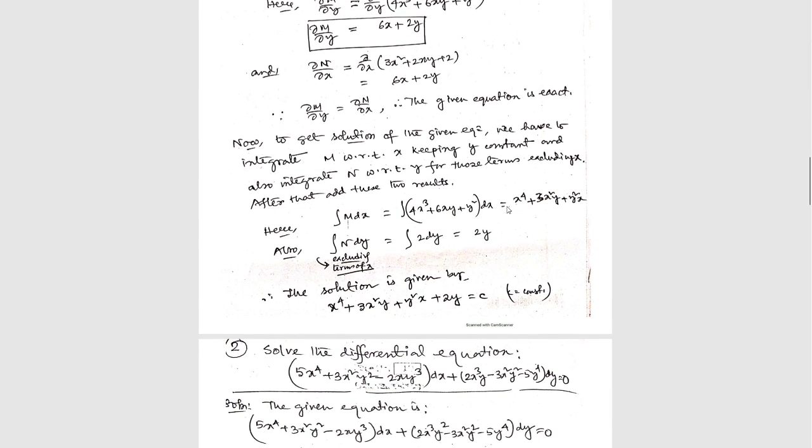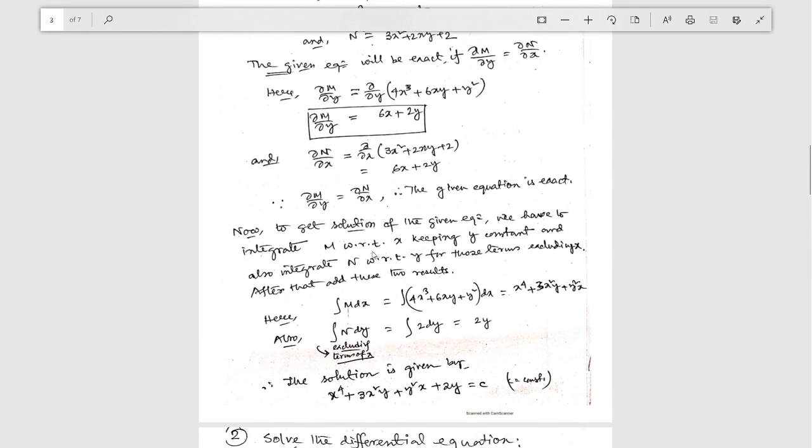So first, the integration of M dx is equal to the integral of 4x³ + 6xy + y² dx, that is x⁴ + 3x²y + y²x. And also the term in N which is free from x, that is only 2, it is free from x, so you can write this as the integral of 2 dy, that is 2y.